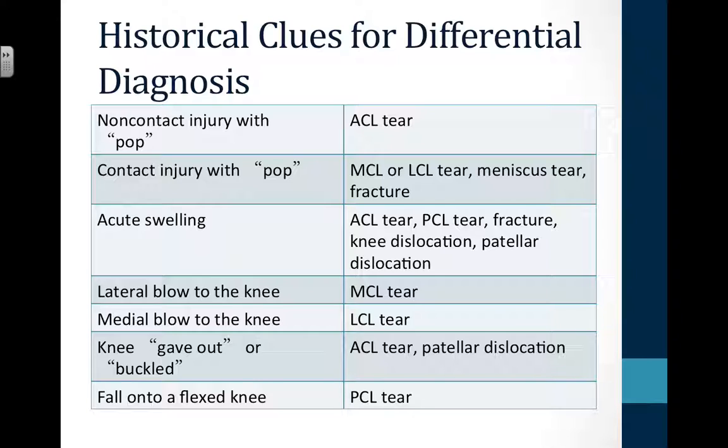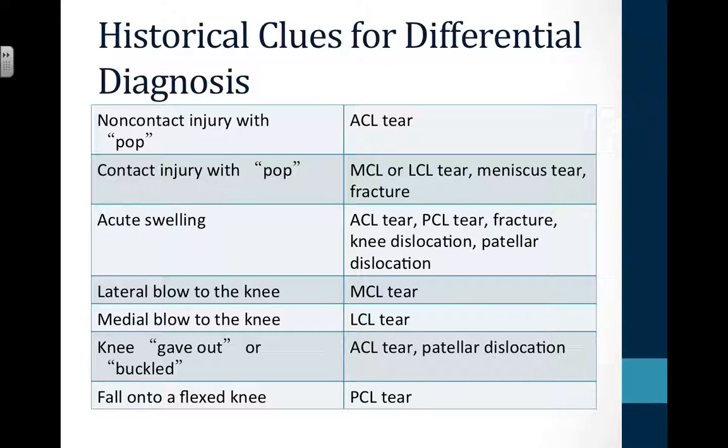If your patient comes in and says they've had a non-contact injury, so we think of our soccer players that have planted and twisted, there isn't a contact with that, we're going to maybe go towards an ACL tear. If there's a contact injury with a pop, so someone is hit from the side, we might think more of the collateral ligaments, so the MCL or the LCL. Then thinking about the meniscus tear, that can happen with some trauma, and also a fracture.